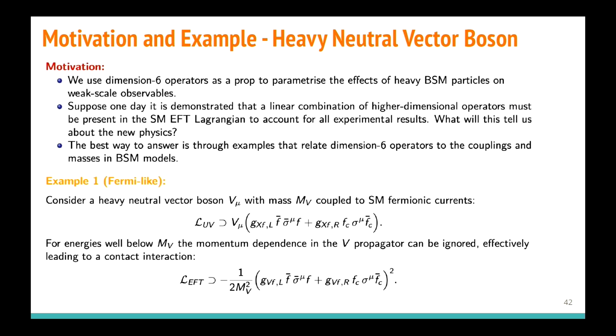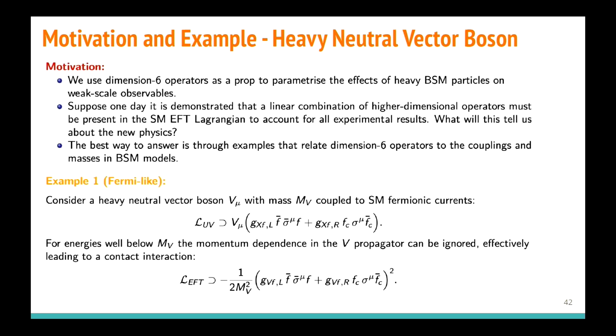Again I have written it in two-component notation, with g_L for the left-handed and g_R for the right-handed part. For energies well below m_V, the momentum dependence in the V propagator can be completely ignored, and this gives us a contact interaction.